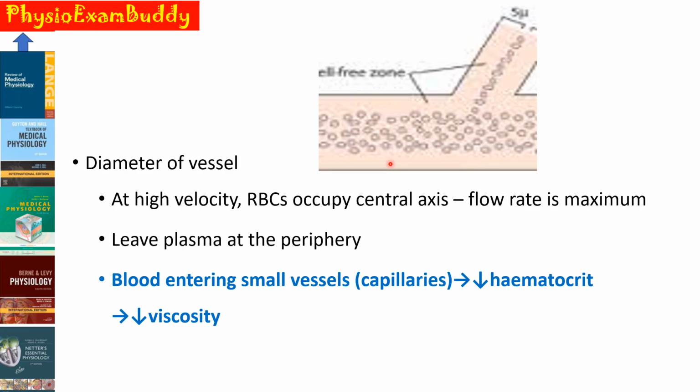Now, when the blood enters into the small blood vessels like capillaries, more and more plasma will enter the small blood vessels, and only a very small amount of RBCs which occupy the central axis will enter. So it will actually cause a decrease in the hematocrit value and a decrease in the viscosity when the diameter of the blood vessel is decreased, thereby decreasing the peripheral resistance.